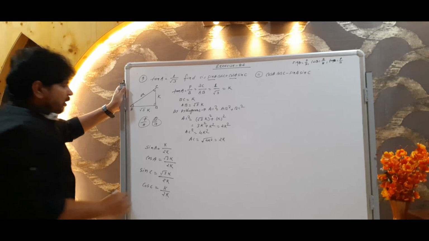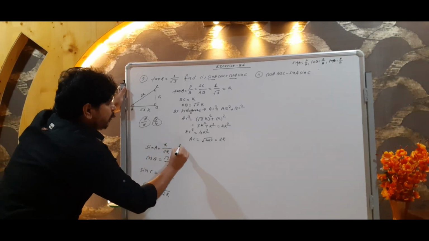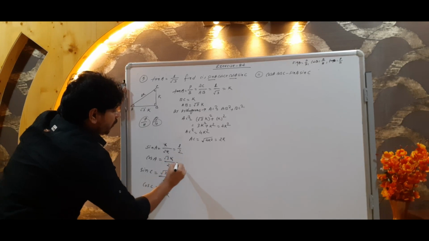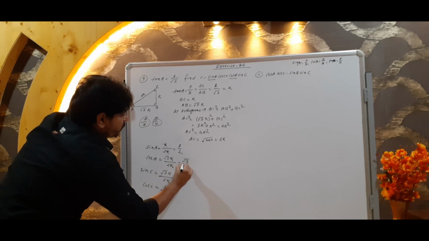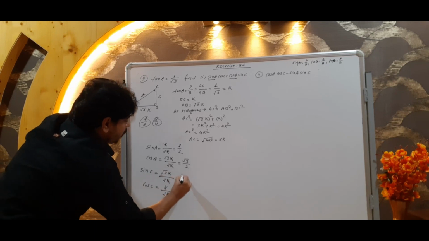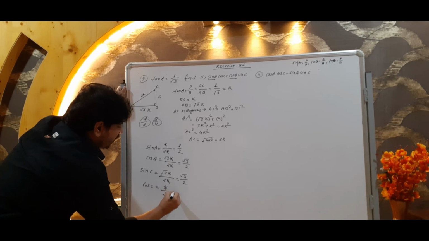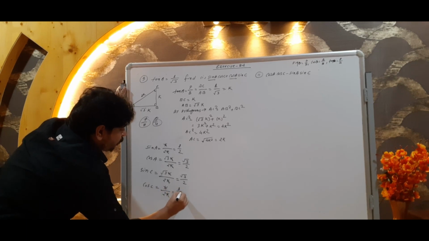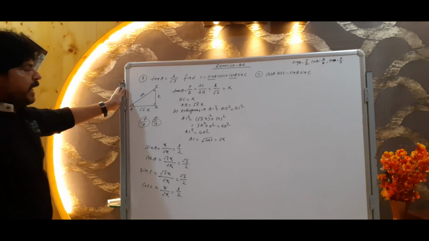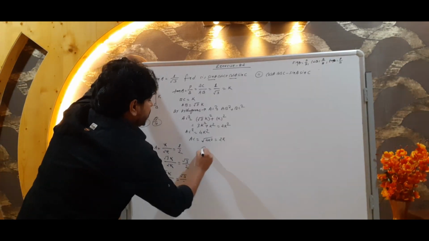Okay guys, so what would be its value? Sin A is equal to 1 upon 2, cos A is equal to under root 3 by 2, sin C is equal to under root 3 upon 2, and cos C is equal to 1 by 2. Okay, now what is the first condition we have to find out?